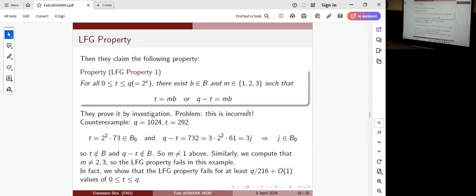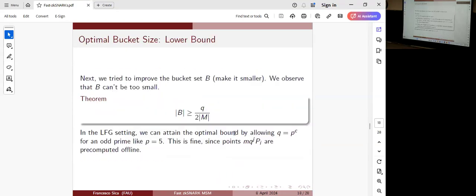And this is a bit complicated because these buckets here have a kind of multiplicative structure, while at the same time you want something which is additively small. Like we saw, this is not easy to achieve.